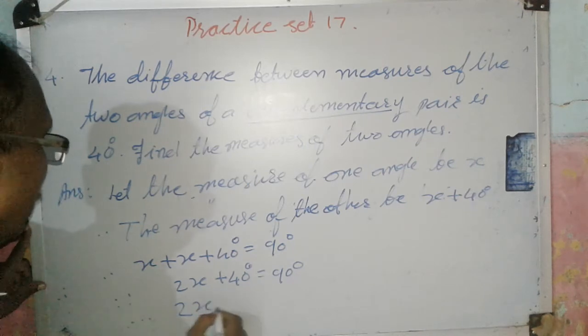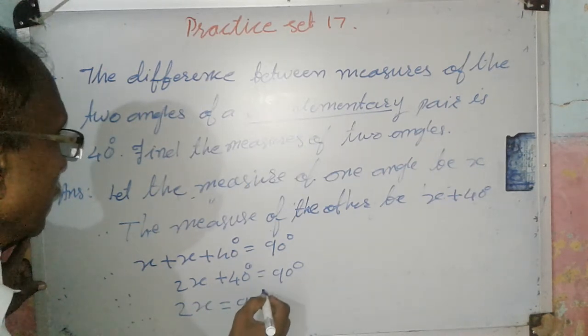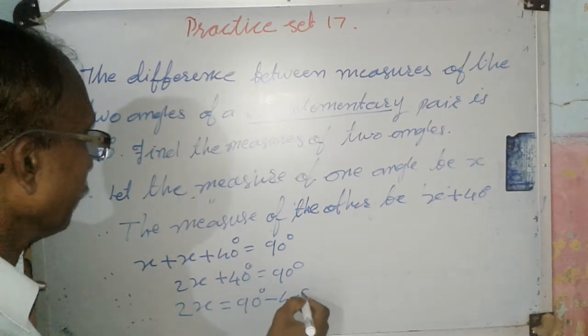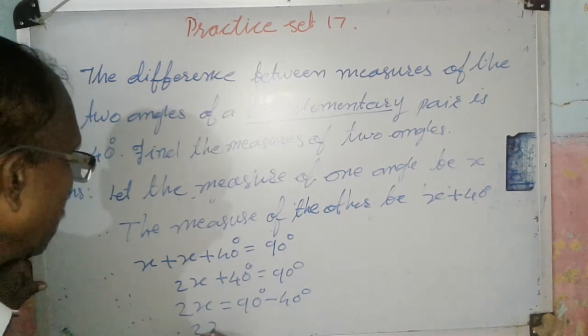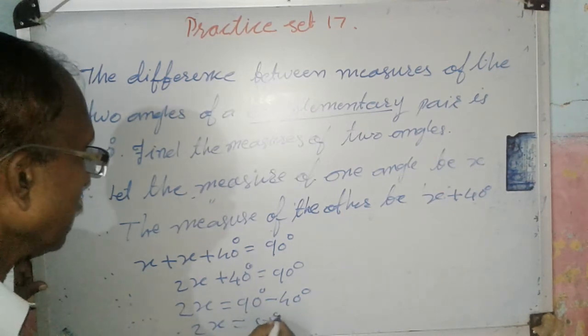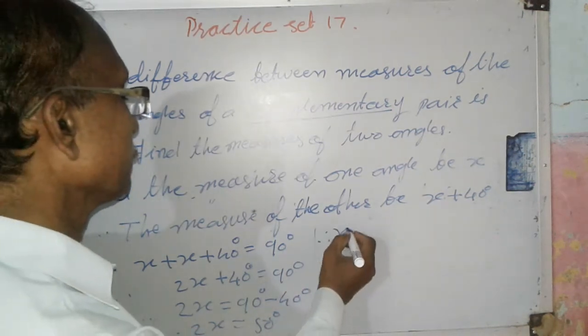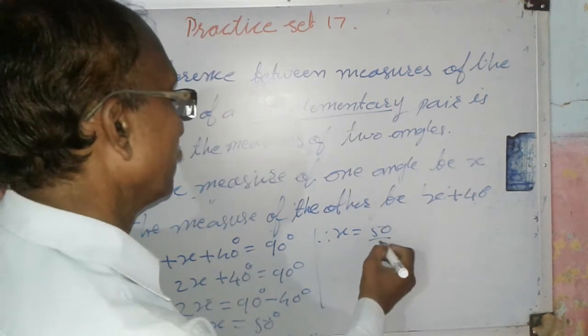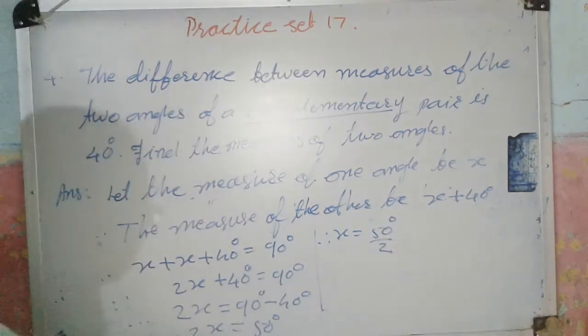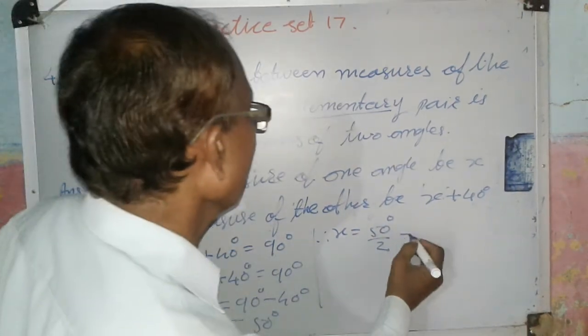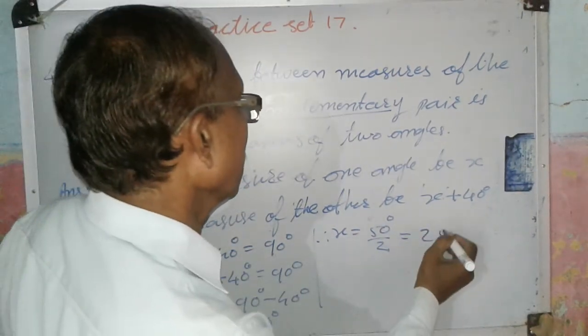And therefore, 2x is equal to 90 minus 40 degrees. 2x is equal to 50 degrees. And therefore, x is equal to 50 degrees upon 2, which is equal to 25 degrees.